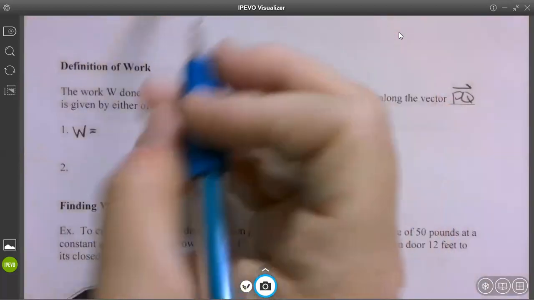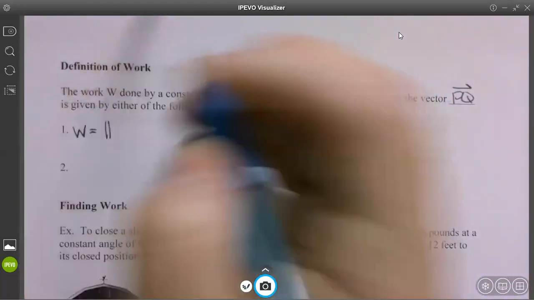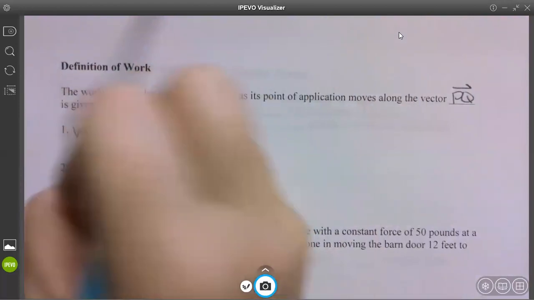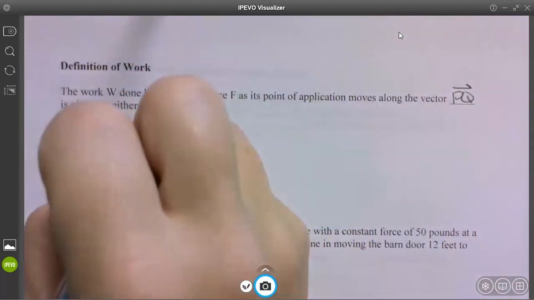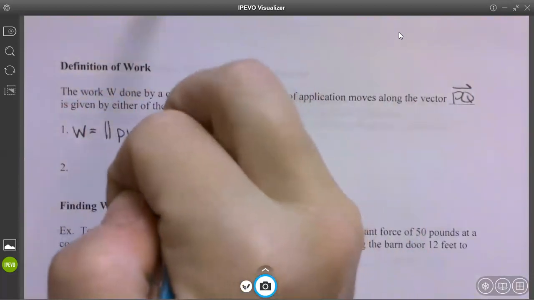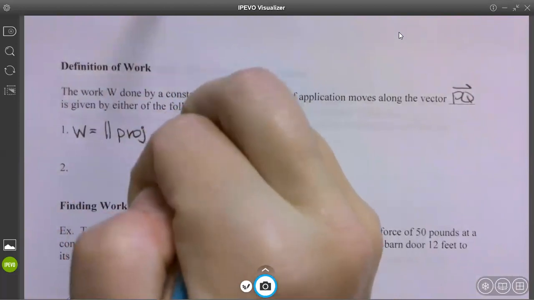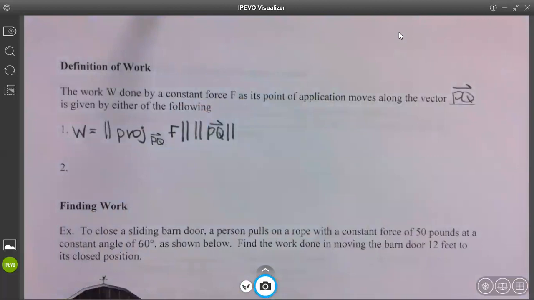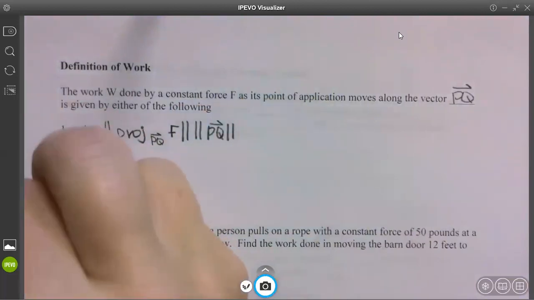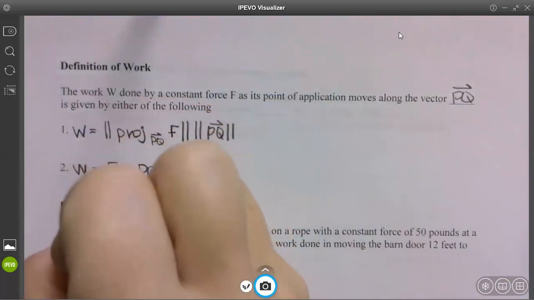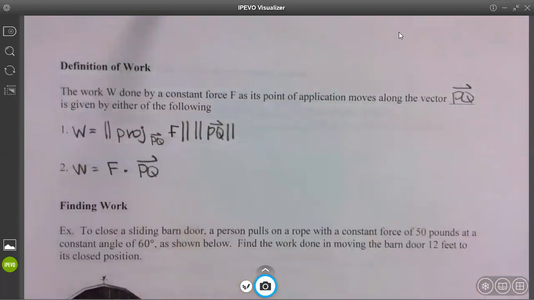Work, or W, is going to equal the magnitude of the projected force onto that vector times the magnitude of the vector. Or W is going to equal the force times the vector.